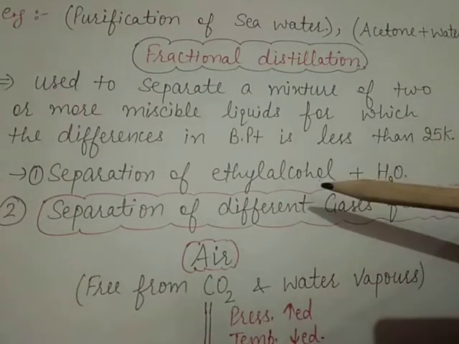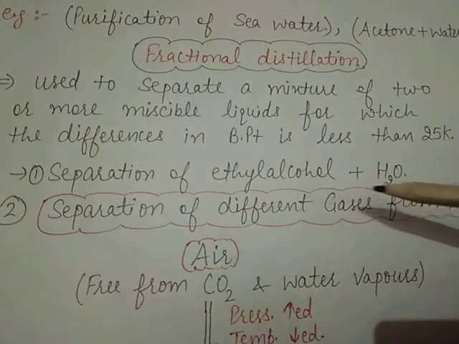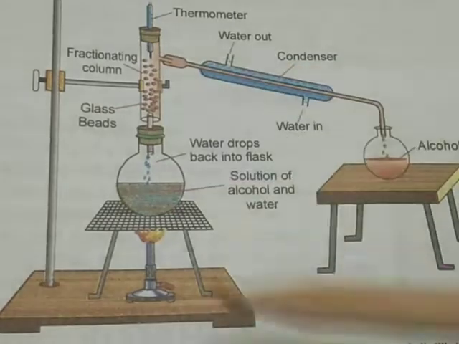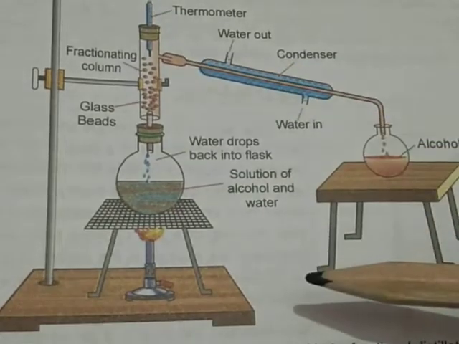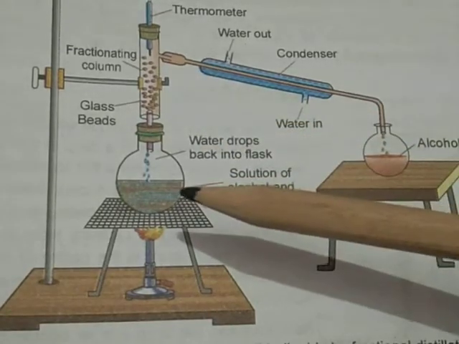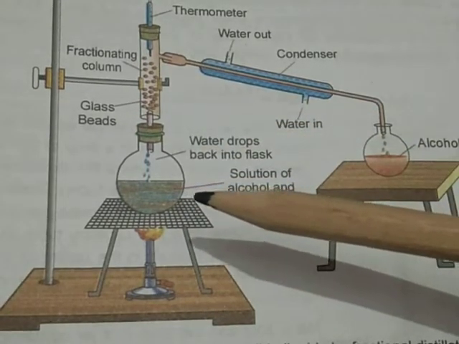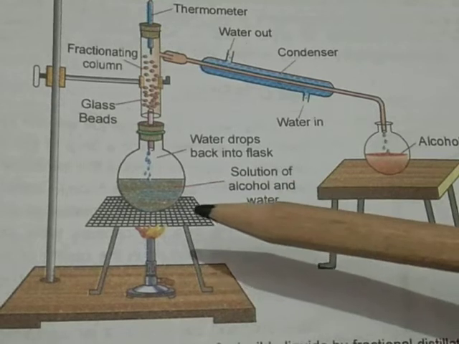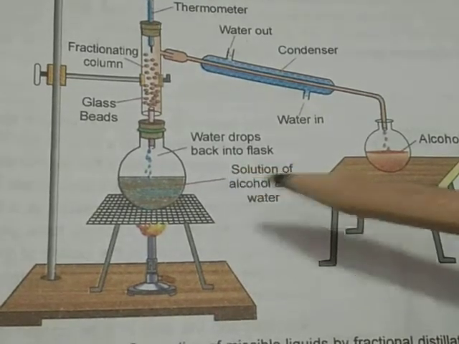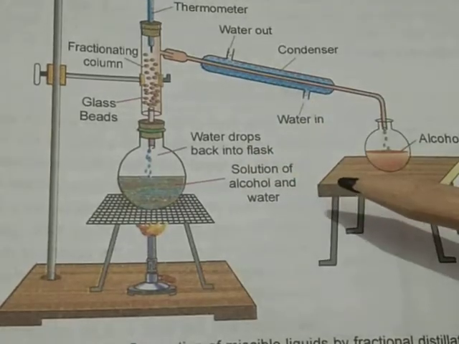Here we take the first example, separation of ethyl alcohol plus water. This is the fractional distillation method. In this method, we can easily separate those mixtures whose boiling points differ by less than 25 Kelvin.